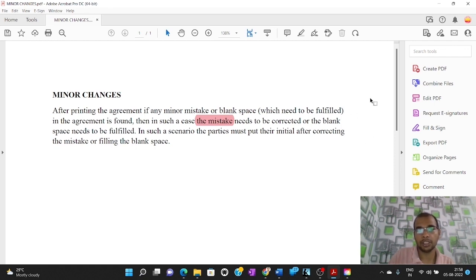Both the parties can put their signature here or here. Then the change will be considered a legitimate change and the agreement will be valid. If the parties don't put the signature here, then it will be considered invalid or manipulated by any of the parties. So both parties need to put their signature next to the corresponding paragraph.